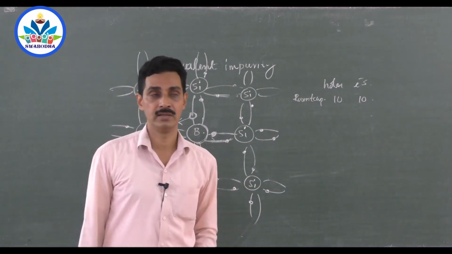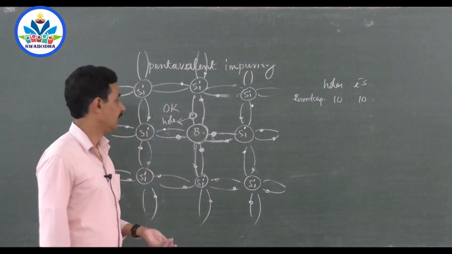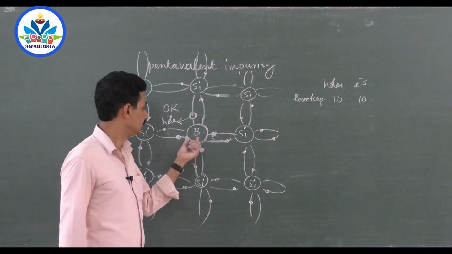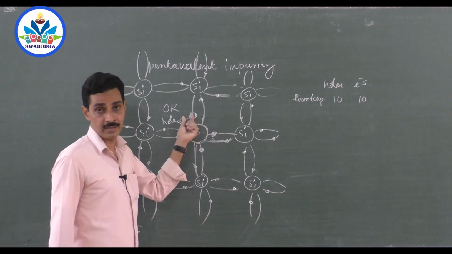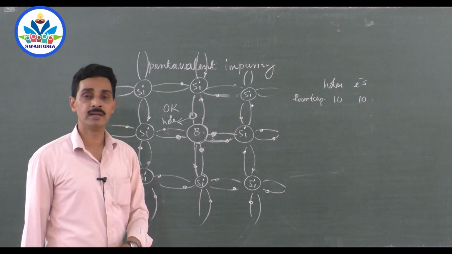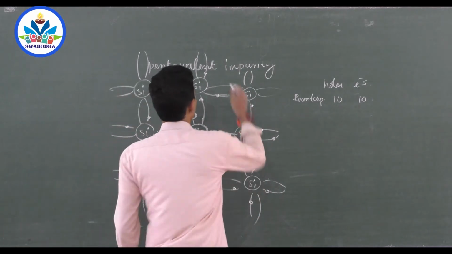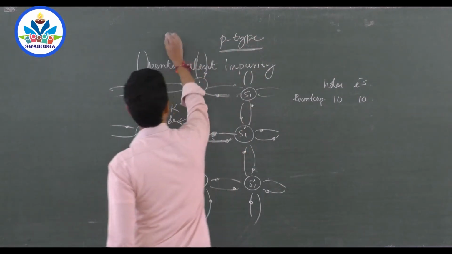Boron was neutral. When it came here, it couldn't satisfy one bond, so one hole is created. Still the whole material is neutral. So this type of semiconductor is called P-type semiconductor, and this is also extrinsic.